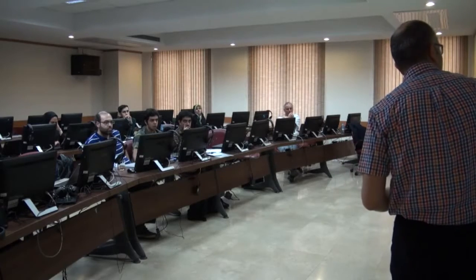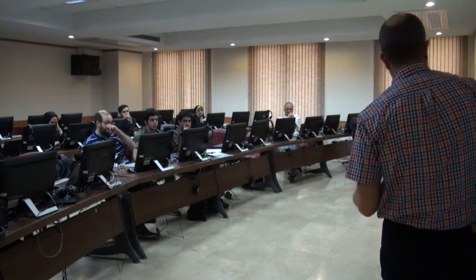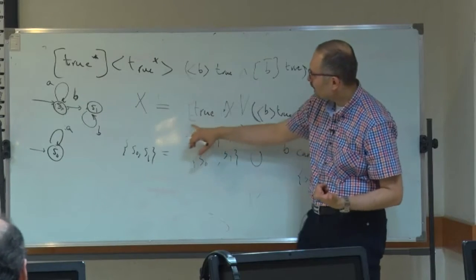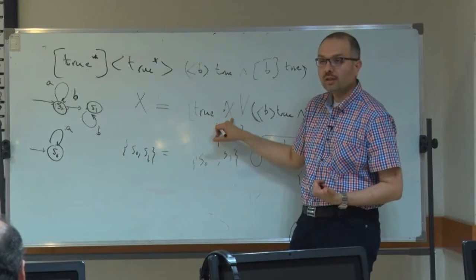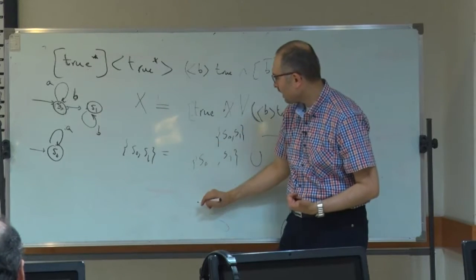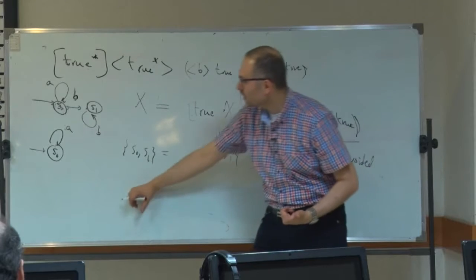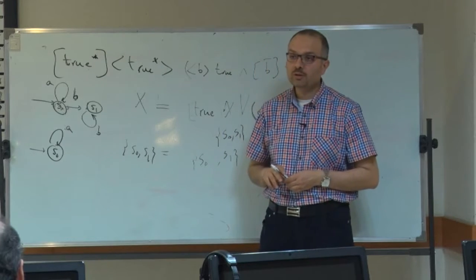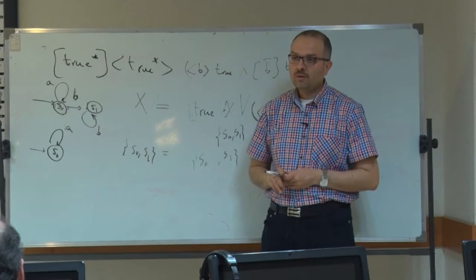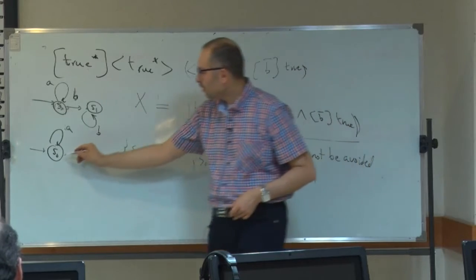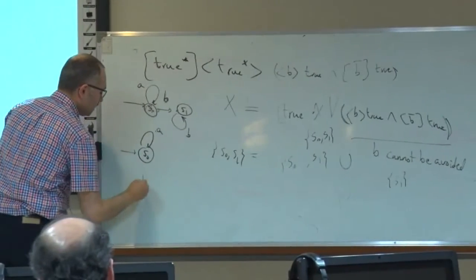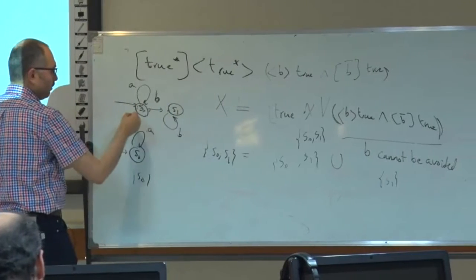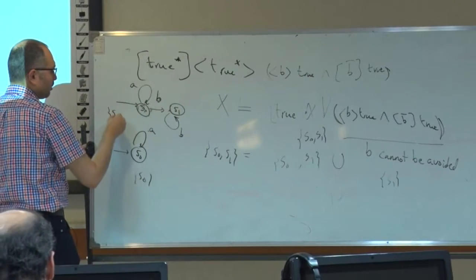Or no matter what you do, you end up in the set that you started with. If you start with S0, then no matter what you do, you end up in S0, right? So then you get S0 back. So you start with S0, you get S0 back, that's a fixed point, that's the maximal fixed point. So the maximal fixed point to this equation is S0. For this transition system, the maximal fixed point is S0 and S1.